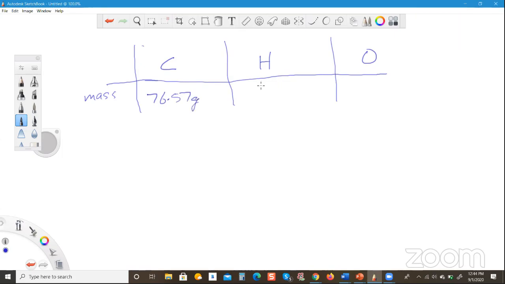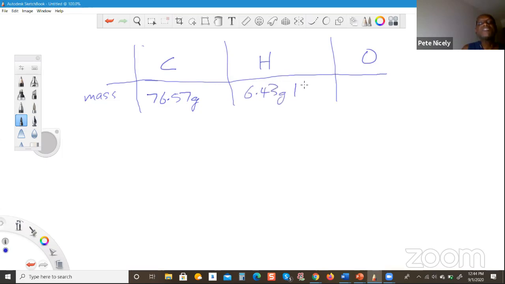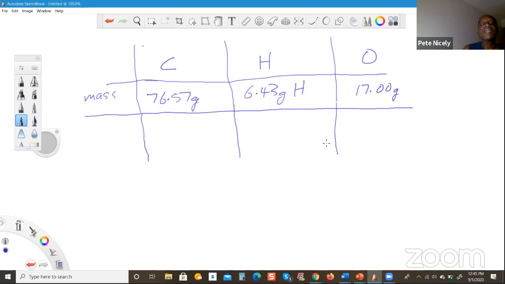And then in the case of hydrogen, 6.43 grams of hydrogen. And then in the case of oxygen, 17.00 grams. So basically the same setup as before. We simply express the percentages as masses in grams. Okay, so the next step is that we determine the moles, just like we did before.